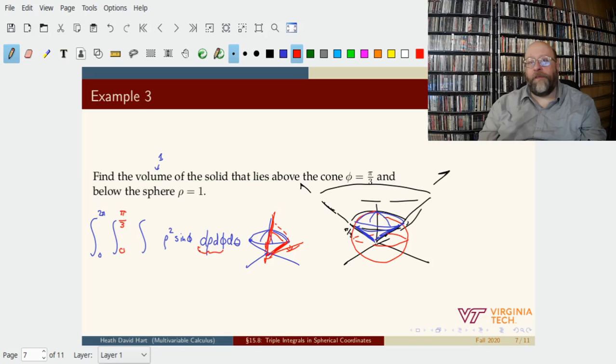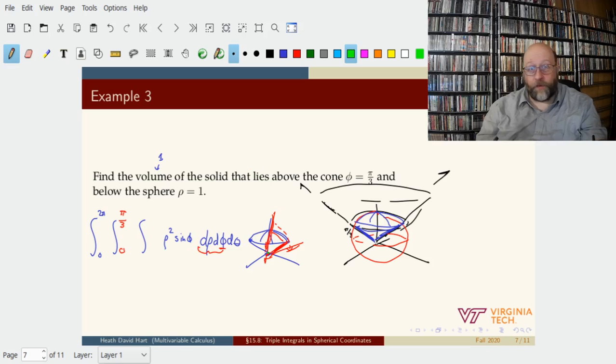We can still do this by thinking of a moving wire, but the wire in this case is not moving along an axis, it's moving along an angle. And so the wire is just rotating from the z-axis until we exit the shape. And now we're going to just look at what happens to the radius.